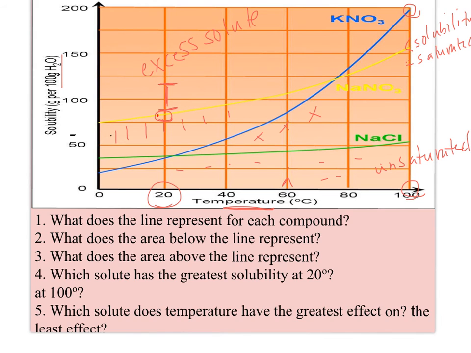It seems to have the greatest effect on KNO3 because from 0 degrees to 100 degrees, KNO3 saw the greatest increase in its solubility, going from less than 25 up to nearly 200 grams. Which solute does it have the least effect on? NaCl. NaCl stayed very close to the same, with very little change from 0 to 100 degrees.